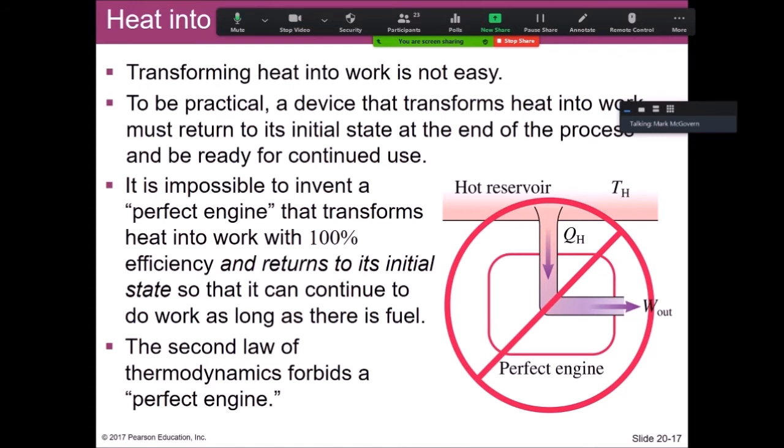So my statement here about the perfect engine is a car would be a perfect engine if that exhaust didn't exist, right? Because when you have that exhaust, is that hot? Yeah. Say it's not even hot. Say it's room temperature. It still has energy associated with it.